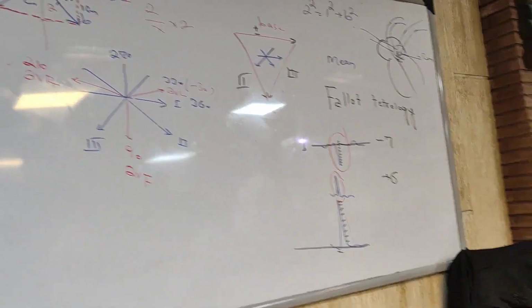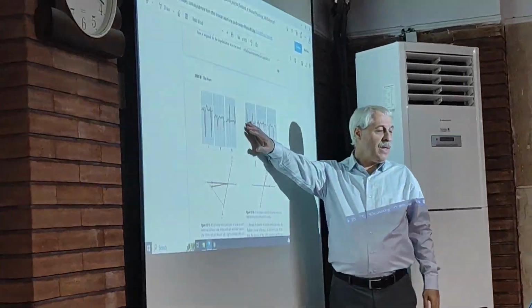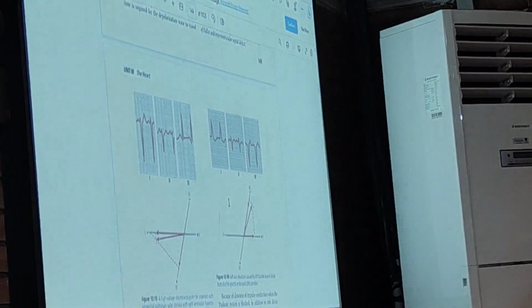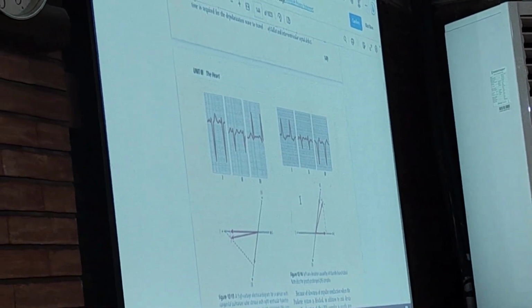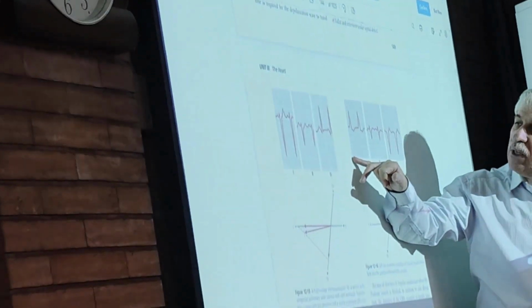Now, voltage. You see, this is the length, this is the width. In electrocardiography, you have ECG paper, which is composed of small squares and middle-sized squares. In length, you have time.